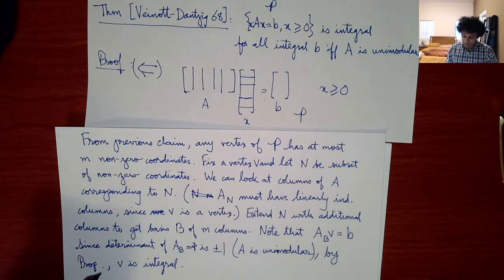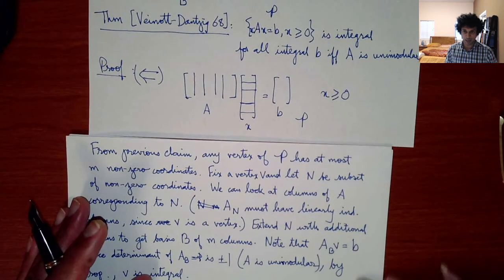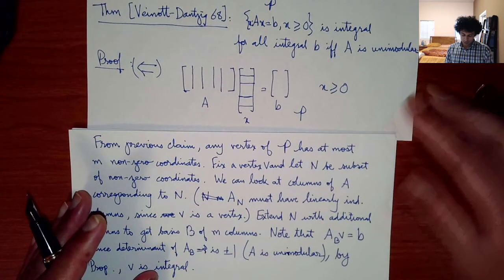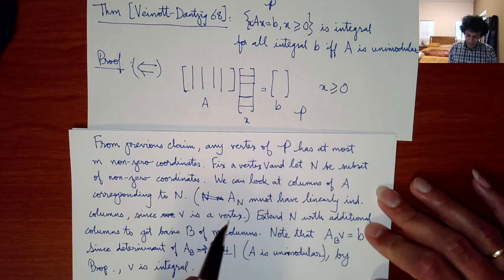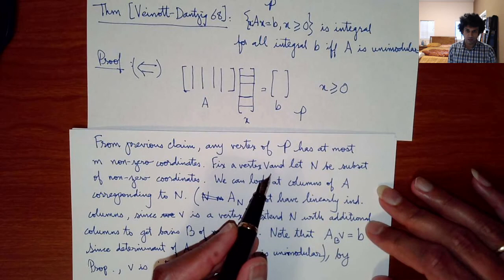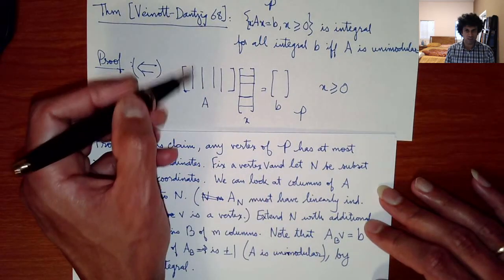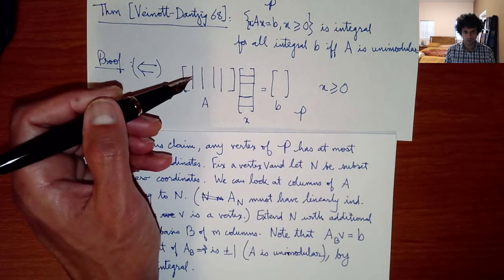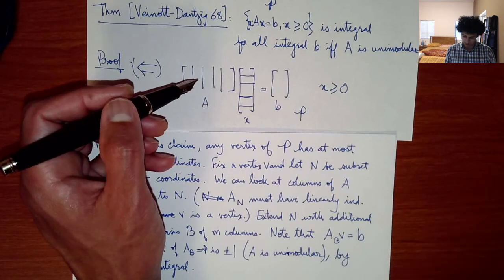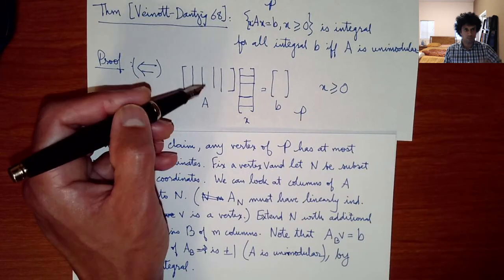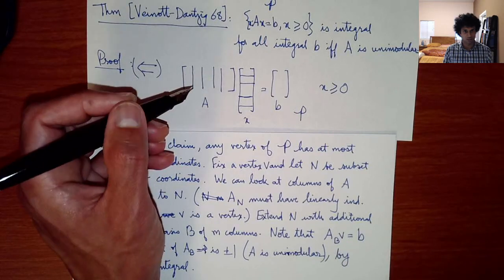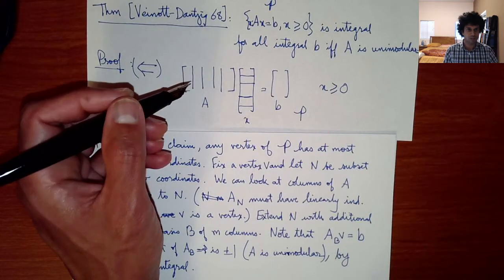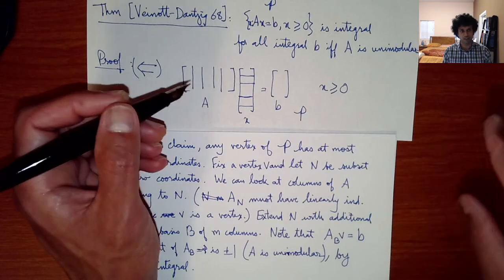Okay, so the key is, just to go back and understand this, because it's unimodular, any vertex V can be represented as some solution of some system of linear equations, and that system is given by a collection of columns that form a basis. That gives the solution.